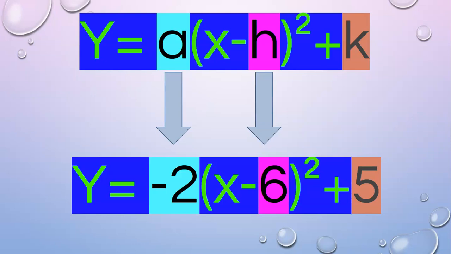Now, some of you may say, well, it's clearly a negative in front of that, and that is true, but wait until you see why it is +6. And over here, our K value is +5.